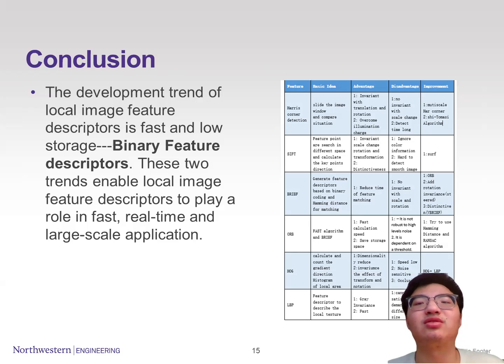In order to achieve the two requirements of fast speed and low storage, binary feature descriptors have received extensive attention from researchers. Most articles on local image feature descriptors in CVPR and ICCV in the past 2 years are of this kind. I believe that they will continue to attract attention in the coming years, and I'm looking forward to some successful applications that will appear in our life.